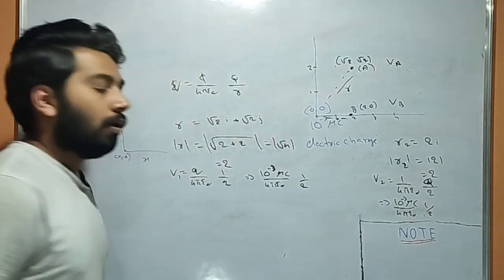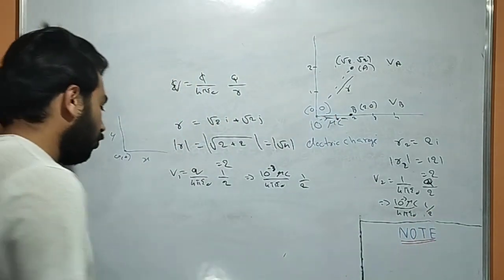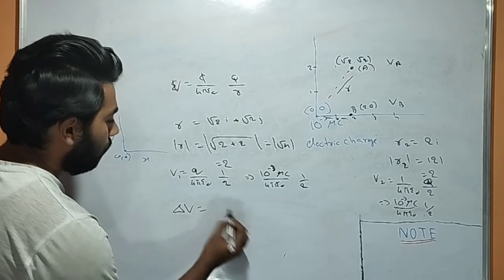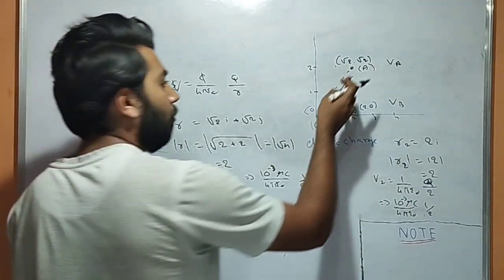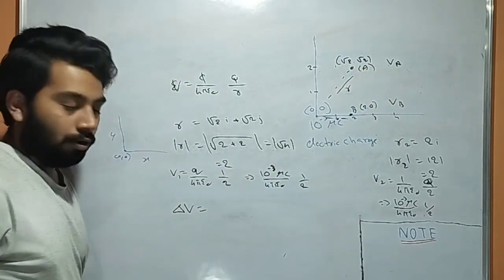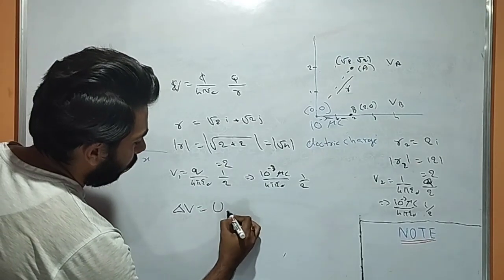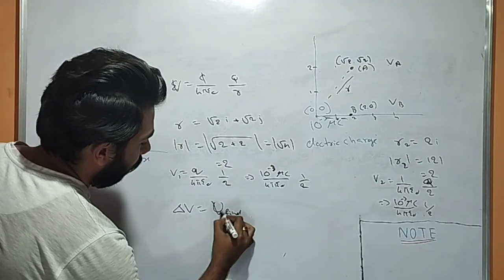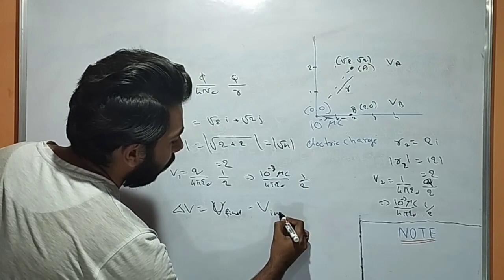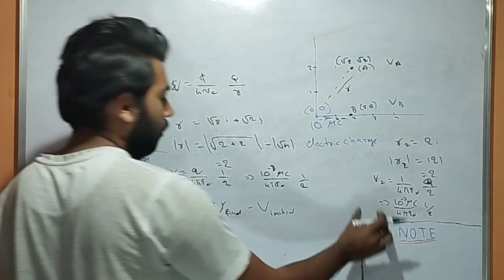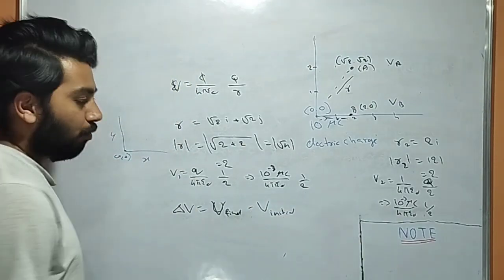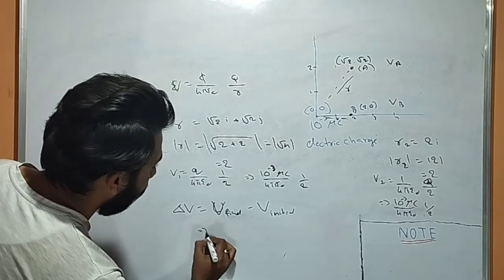Now what they have asked is to calculate the potential difference. Potential difference means the potential at final minus the potential at initial. What is the potential at final? There is the potential at initial.